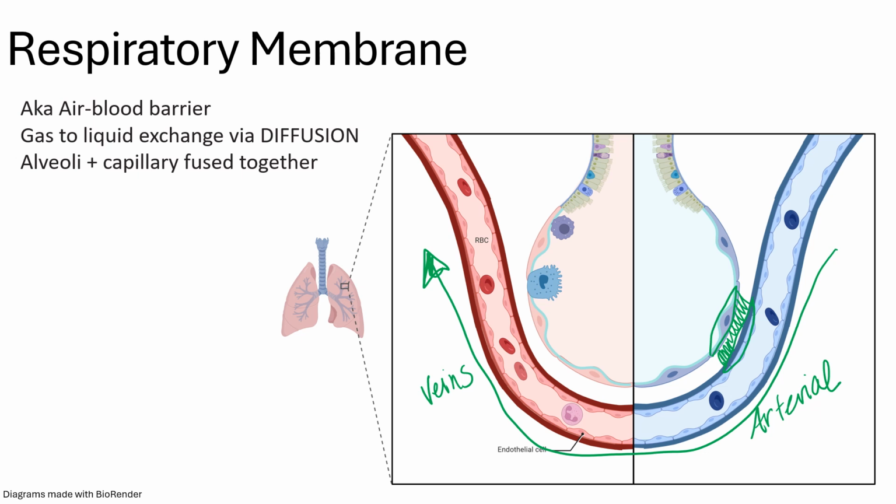The alveolus is lined with simple squamous cells, which are also known as those type 1 pneumocytes or alveolar cells. They're responsible for being part of that respiratory membrane and diffusion of gases. This blue cell right here that looks like it has hair is called a type 2 pneumocyte or great alveolar cell, and what it does is secrete surfactant.